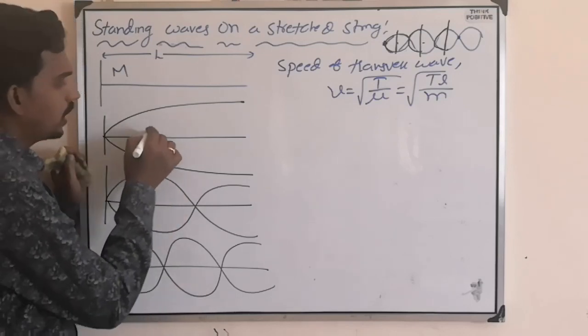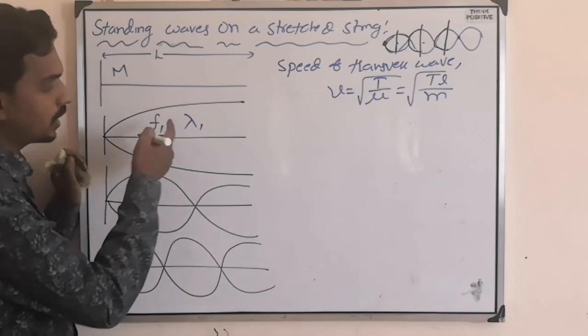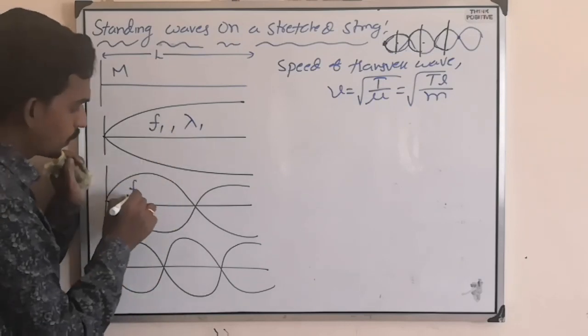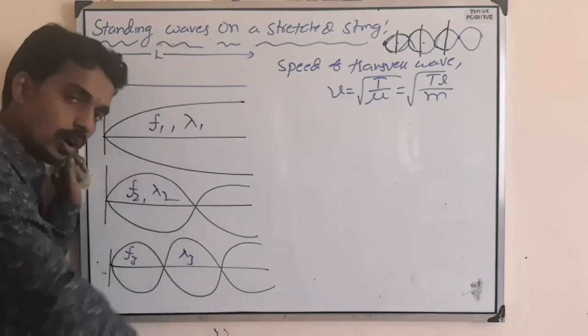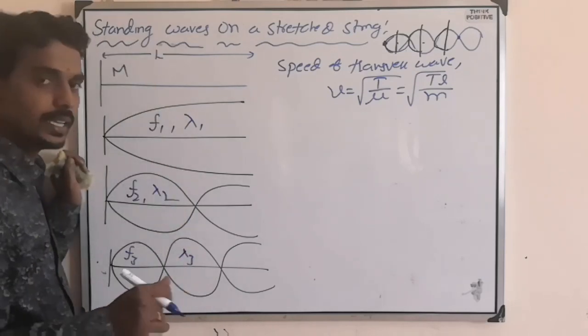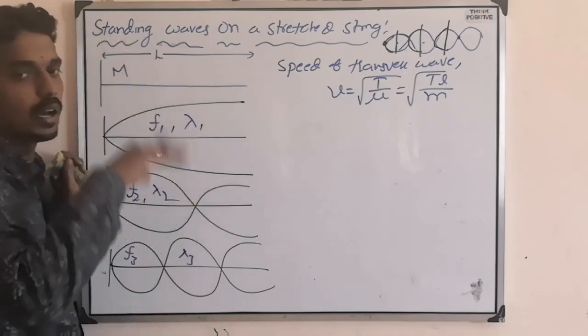So here if you consider F1 fundamental frequency, corresponding wavelength lambda 1, F2 lambda 2, F3 lambda 3, so on. But earlier case, 1 loop, 2 loops, 3 loops, so on.